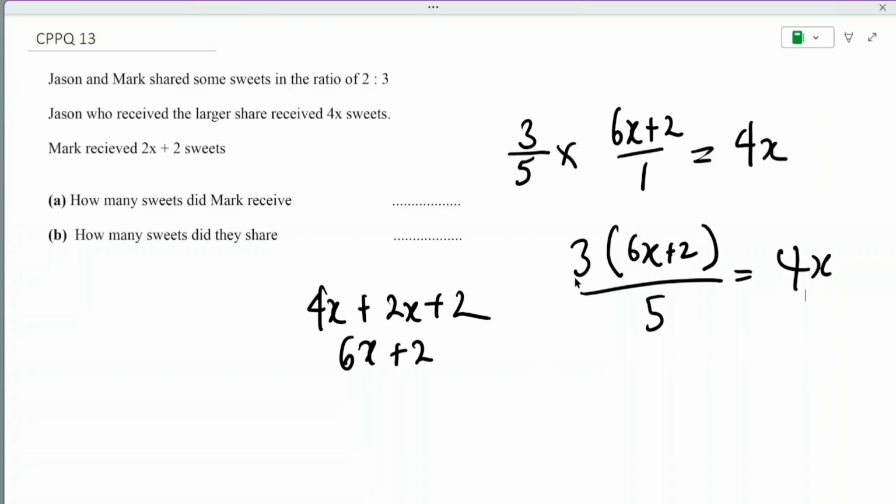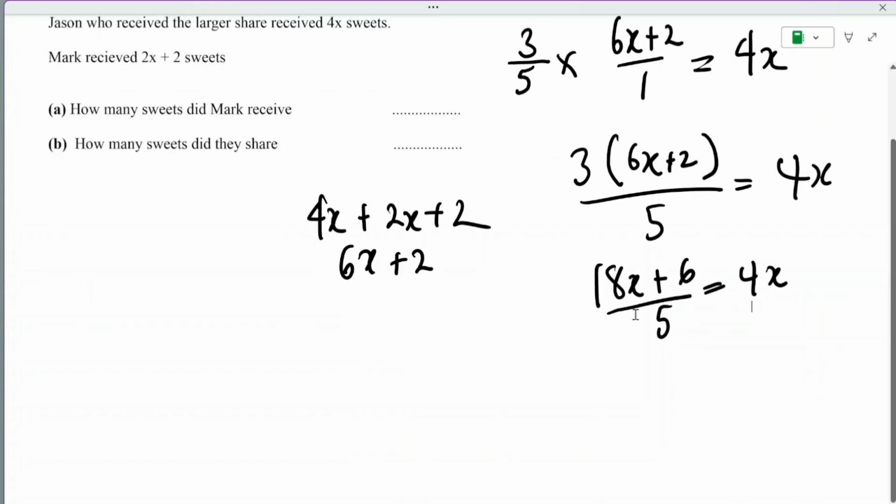Let's open the bracket first at the numerator level. You have 3 times 6x will give you 18x, plus 3 times 2 will give you 6, over 5 should equal 4x. At this point, we can make this over 1 because we want to cross multiply to get this 5 off the left.